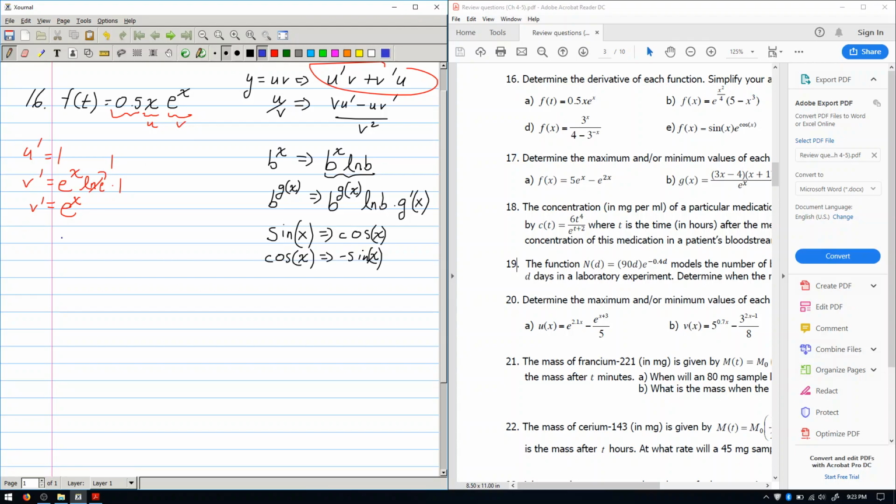So f prime of t is going to be 0.5 times u prime times v plus v prime times u. And what I'll end up getting is 0.5, and I'll get e to the x plus x e to the x.